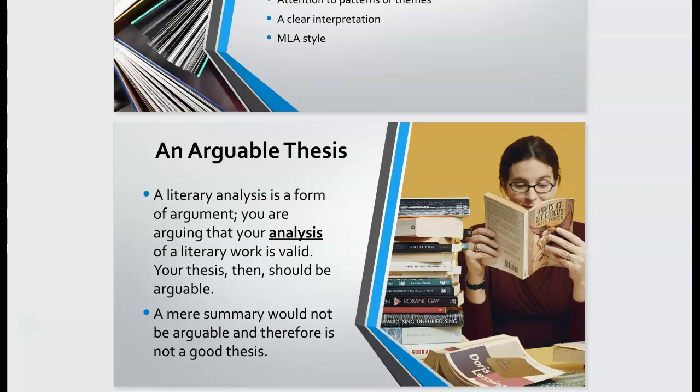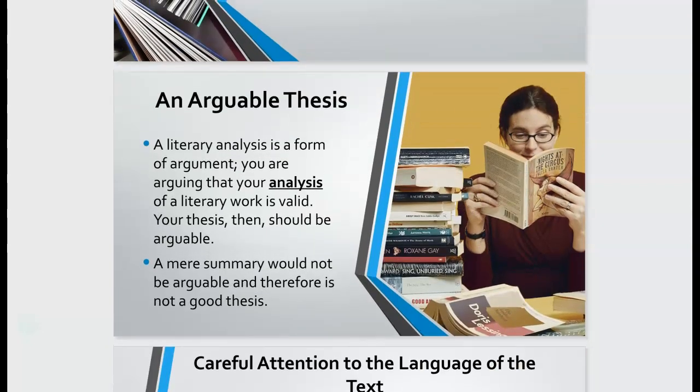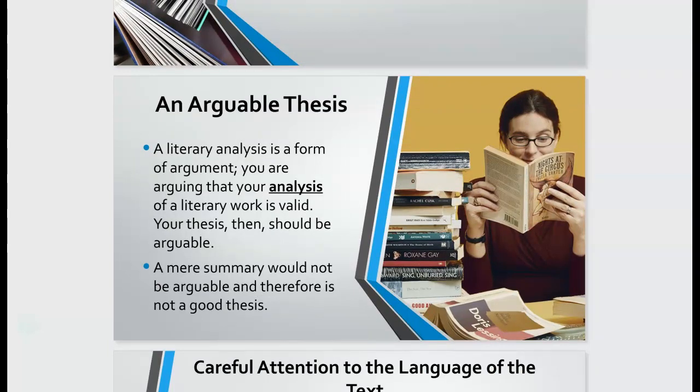So summarizing a piece of fiction or a poem, that's not arguable, right? You're just telling me what happened. So you need more than that. You should be able to argue, and this should be an original argument, okay?